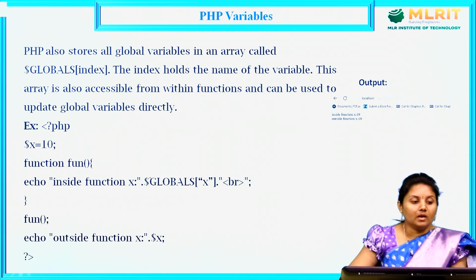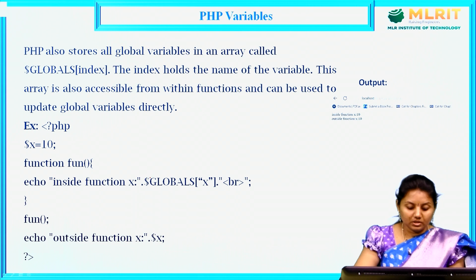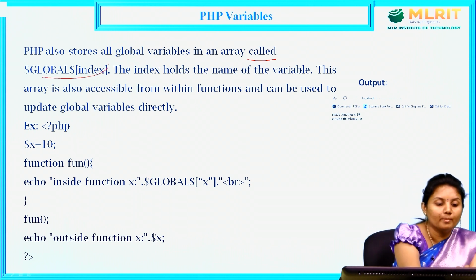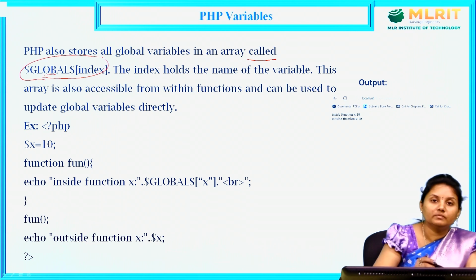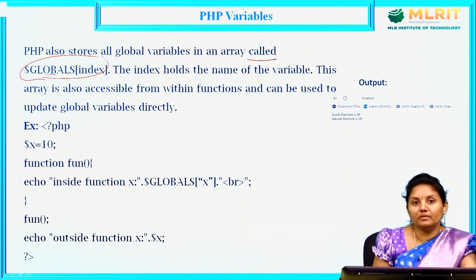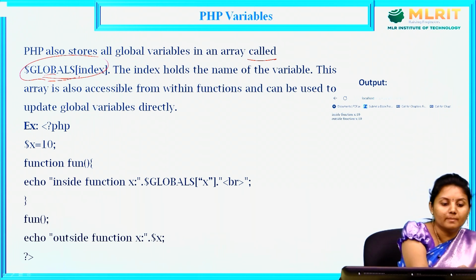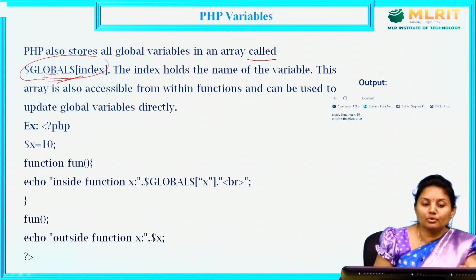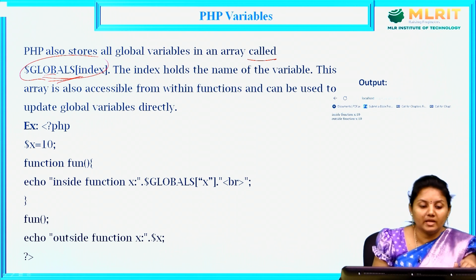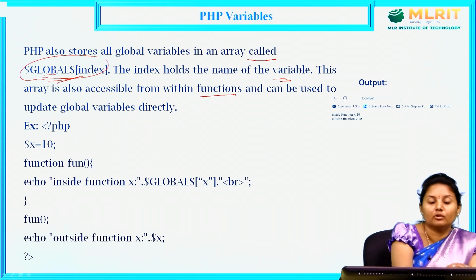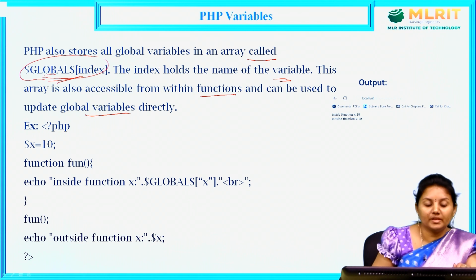Then, PHP also stores all the global variables in an array called $GLOBALS. So, global is a keyword to make global values accessible within the function, and there is also $GLOBALS[index] to store all the global variables in an array. The index holds the name of the variable, and this array is also accessible from within the function, and can also be used to update the global variables directly.